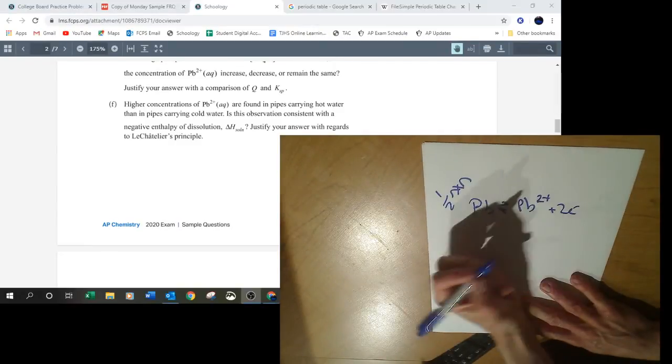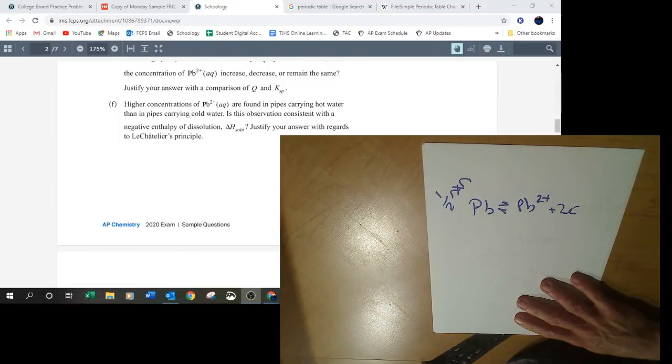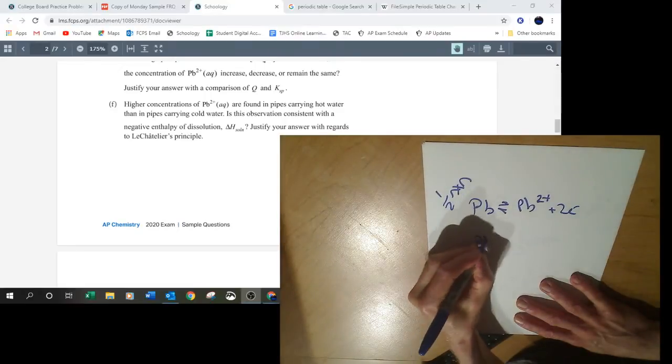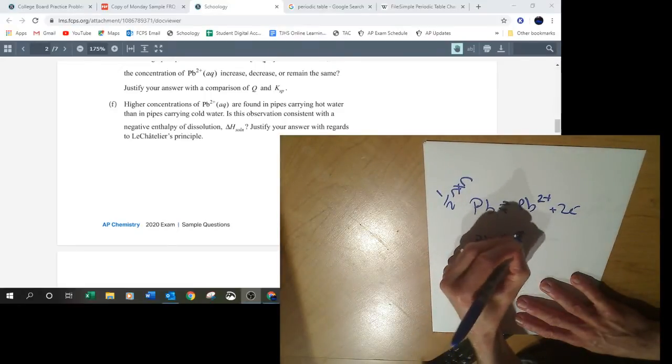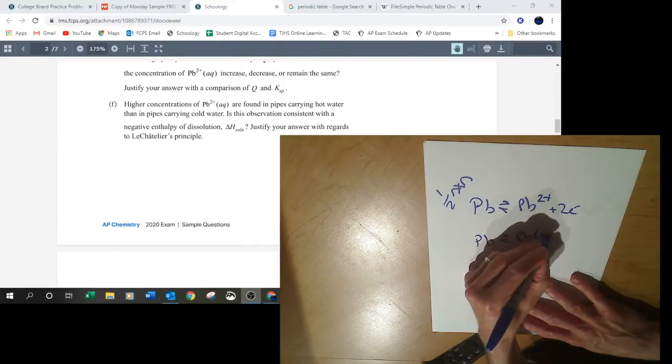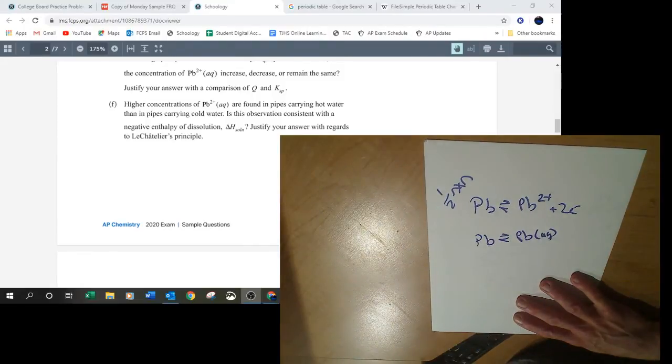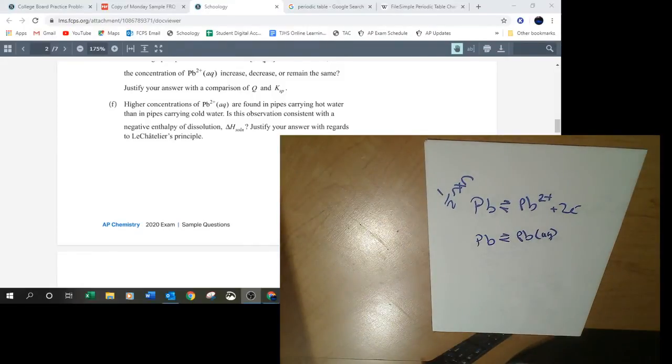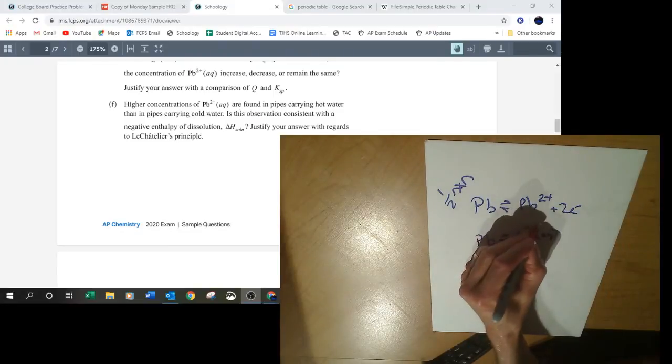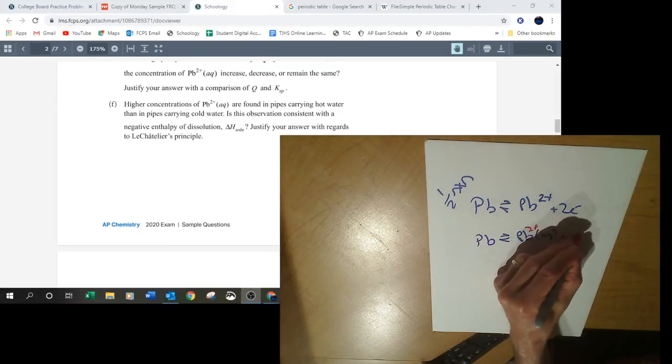So, really? Or are they saying that lead dissolves to make lead aqueous? But in either case, if it's a negative enthalpy of dissolution, then the energy is over here.